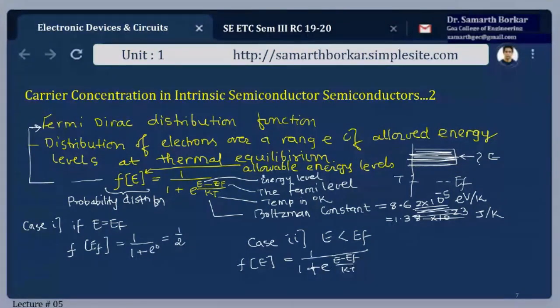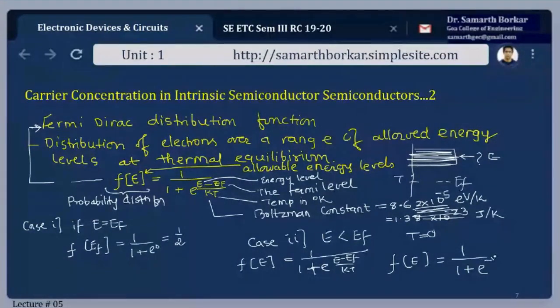Now, we'll take thermal equilibrium, T equals 0. So F of E will be equal to 1 upon 1 plus e raised to that. Here E is less than EF, so E minus EF will be a negative term.